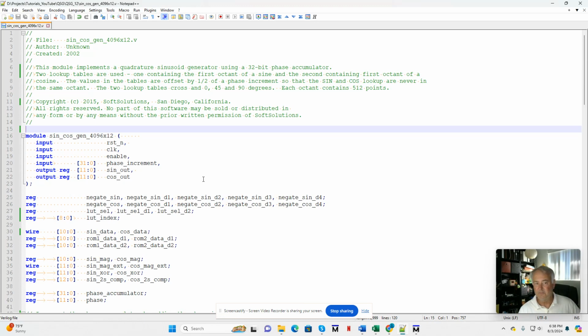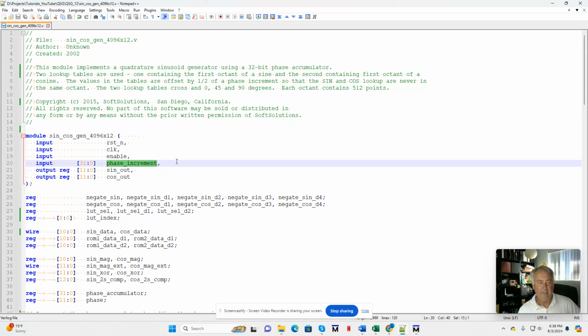Well, here's our Verilog quadrature sinusoid generator, as I call it. It's got a clock and a reset and an enable. Let's just imagine that enable's always one. What we have as an input is a phase increment.